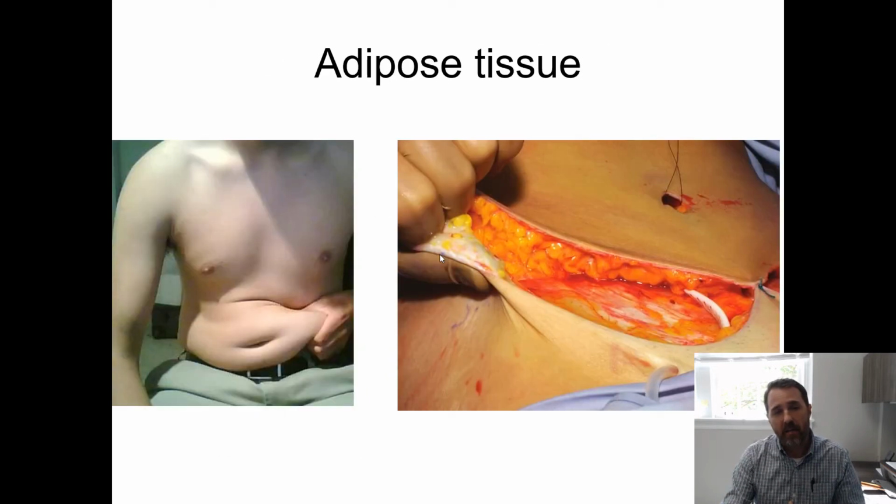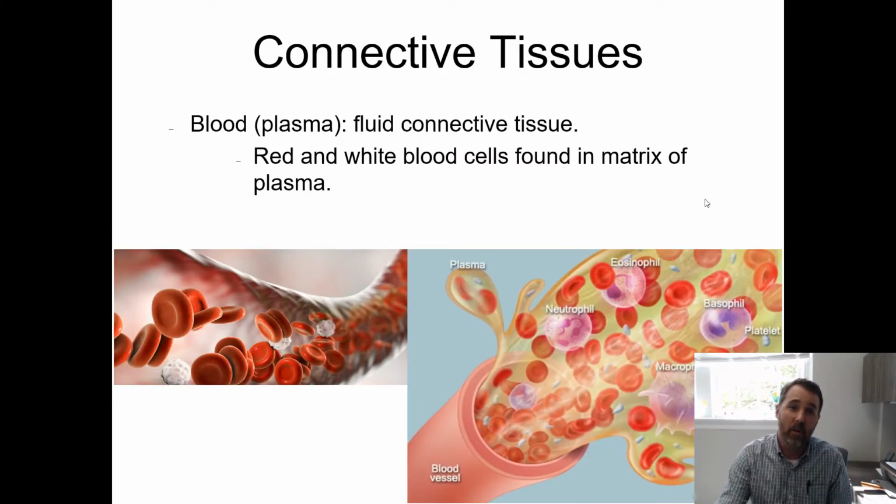So anytime, if you've seen a surgery and the surgeon cuts through that layer of skin, that epithelium, beneath the epithelium, you're always going to see that layer of like white or yellow fat deposits. And that is adipose tissue. It is a form of areolar tissue.